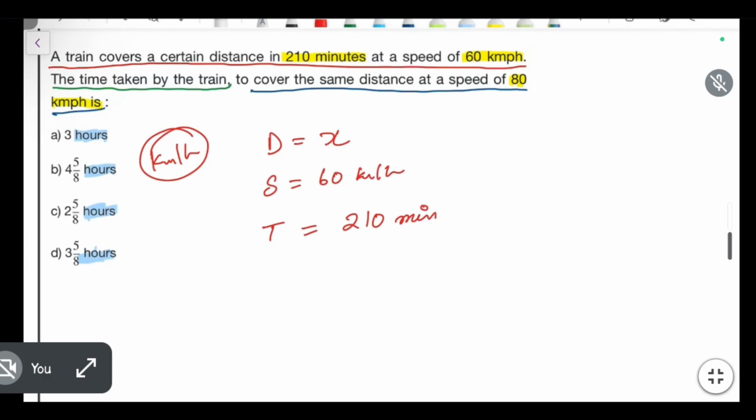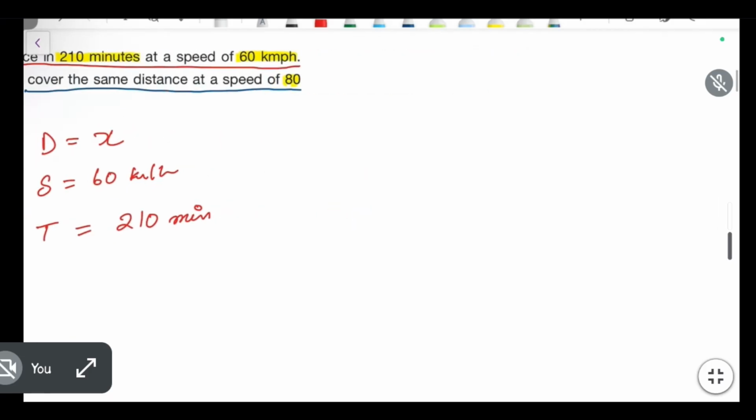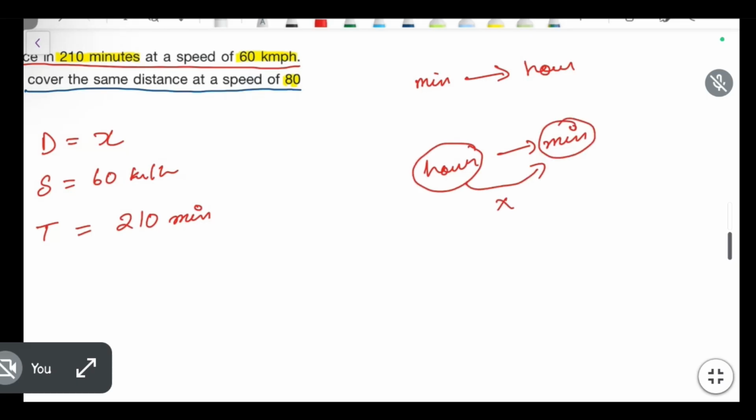So I'll convert this 210 minutes to hours because all the options here are in terms of hours. I'll just tell you one thing here. Whenever you are converting from hour to minute, from a greater value to a smaller value, we multiply it by 60.